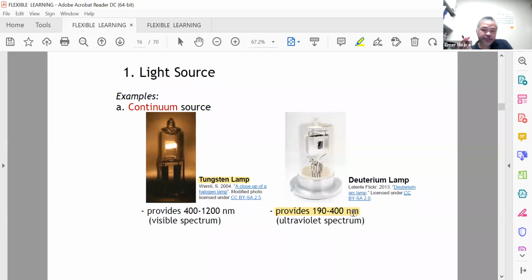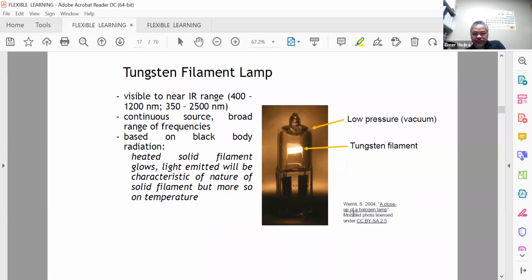So in most spectrometers, you have these two light sources if you analyze the UV-visible region. The tungsten filament lamp provides light from visible to near IR, usually called NIR, around 400 to 1200 nanometers, or from 350 to 2500 nanometers.